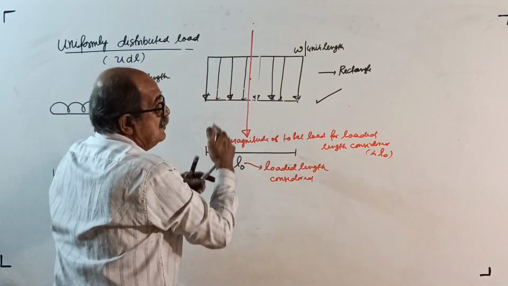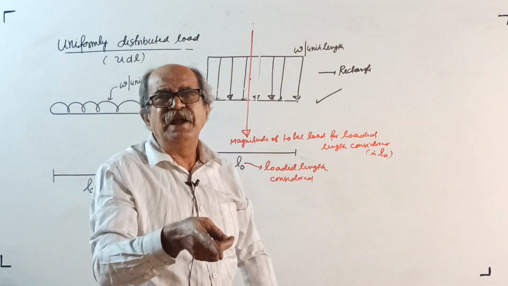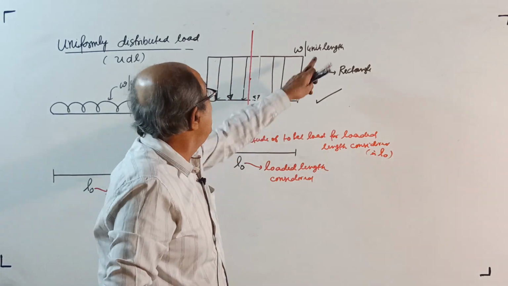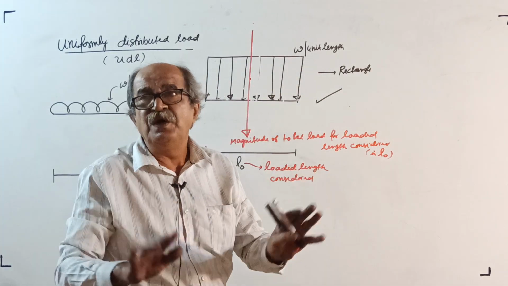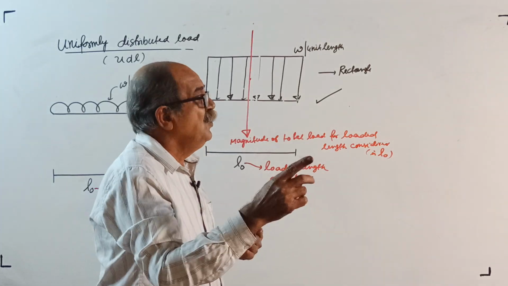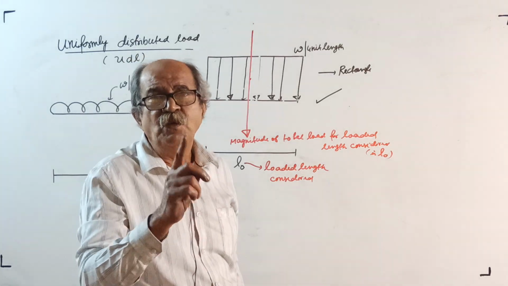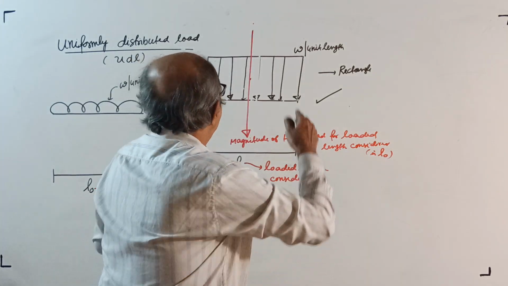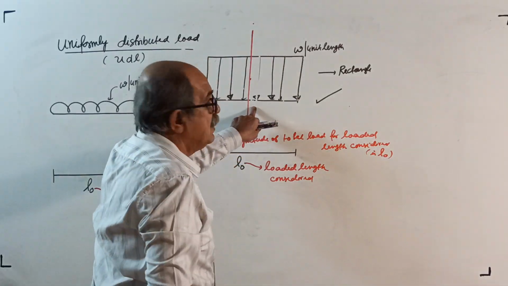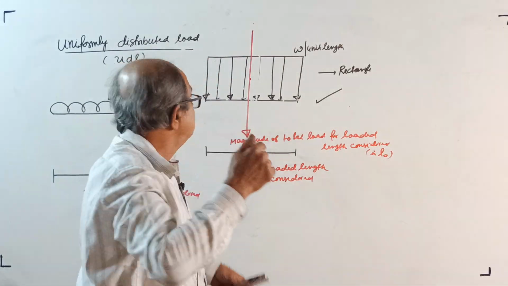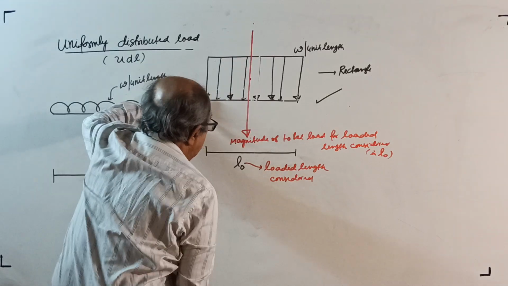Now, I told repeatedly, intensity is not the magnitude, it is intensity. So, when you say magnitude, now onwards, your hand should move like this, but you should not write it. Imagination, see, total load. How much?